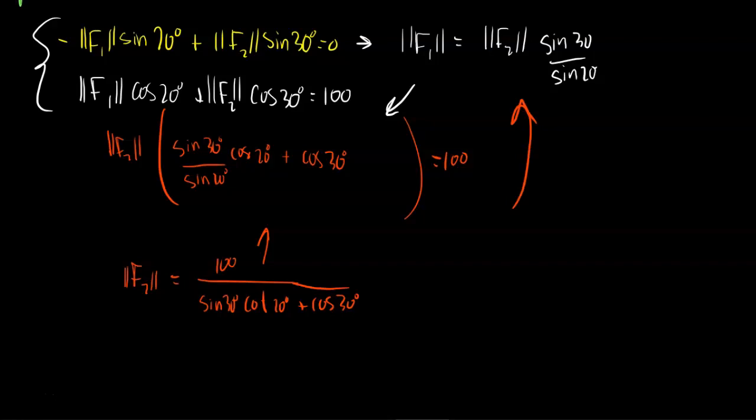I'm just going to pause the video and stick those into a calculator here. Great, when I stick this into my calculator, I get the magnitude of F2 as 44.648 and the magnitude of F1 as 65.270. And those are the magnitudes.